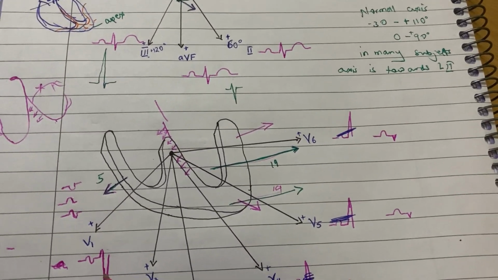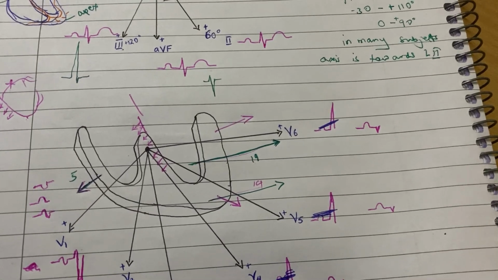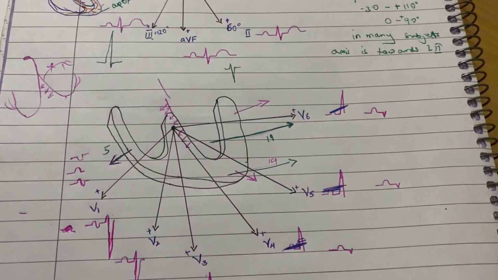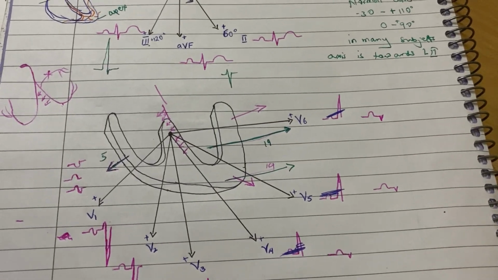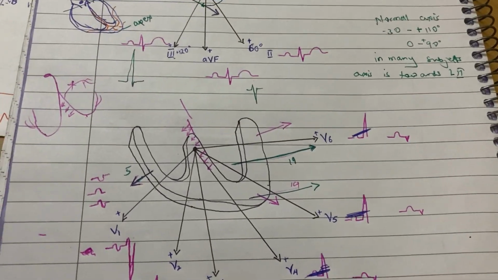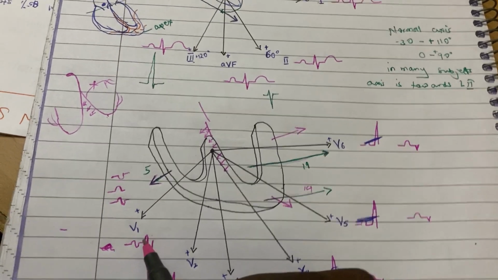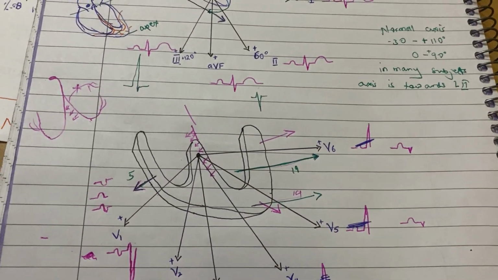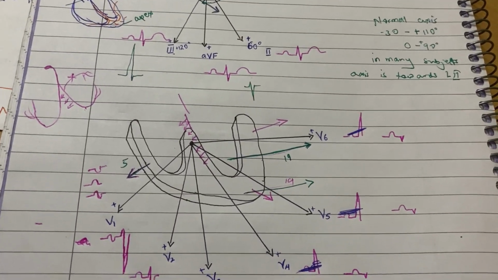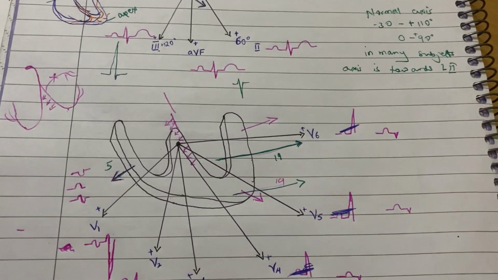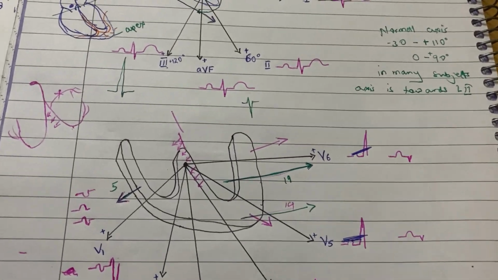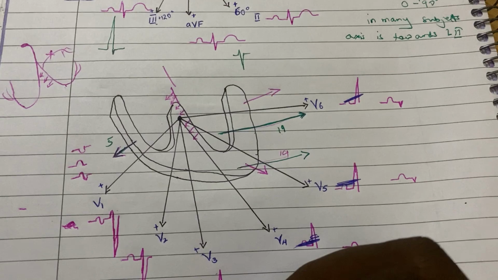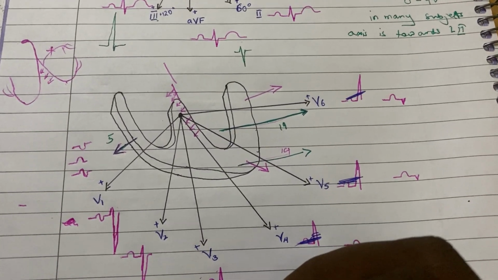So this one is deeper than this one in V2, and now R wave is increasing because we are moving. This is called transition, R wave progression from V1 to V6. That's what we want. R wave in V1 is purely septal, it is very small. But if you go to V2, you start adding some free wall. And if you go to V3, you have added a significant amount of free wall. So R is taller there, and then S wave amplitude or depth is decreasing.